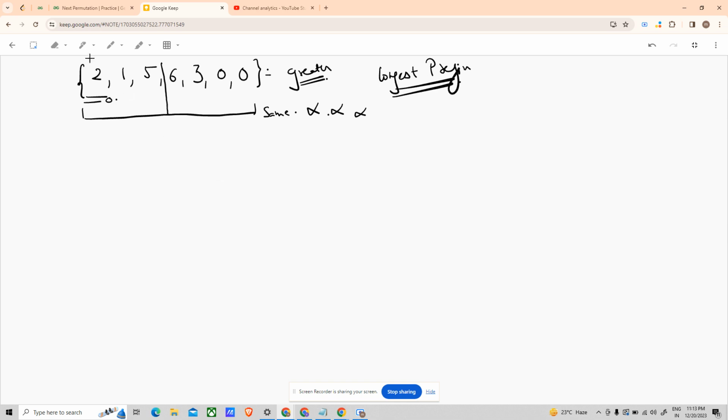I have to reduce my length once again. Okay. So to reduce the length again, I go up till here. Now there is a catch.